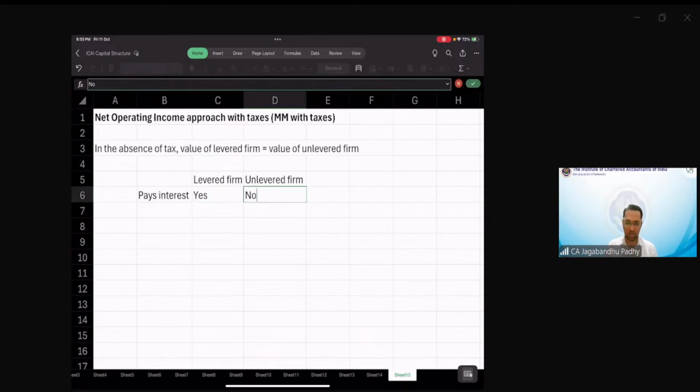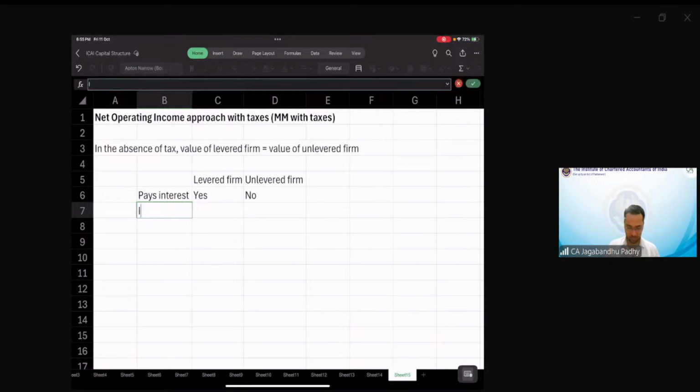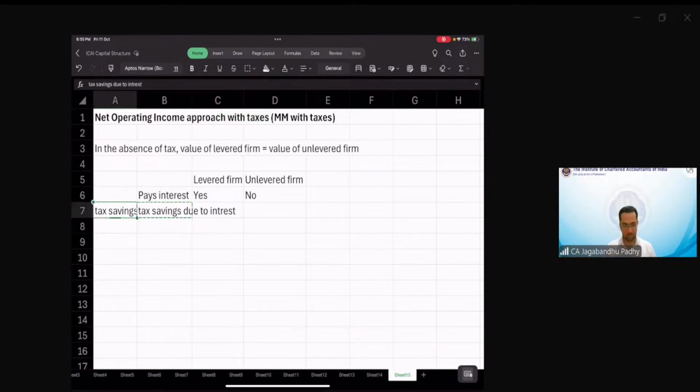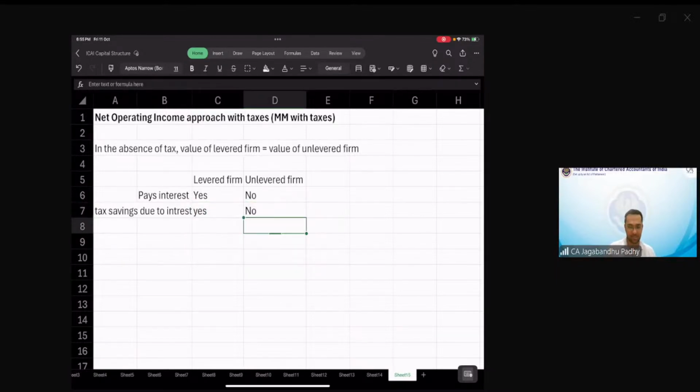Now, which of these two firms will have tax savings due to interest? The tax saving due to interest will of course be there for the levered firm, and the unlevered firm will have no tax saving.